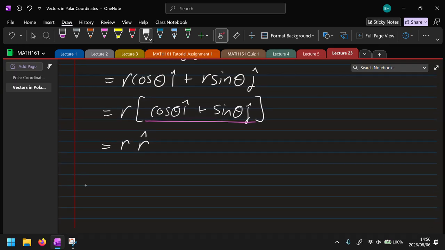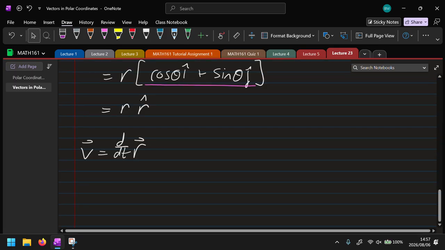Now let's look at the velocity vector. The velocity vector is the derivative of the position vector. So we know what the position vector is. Let's find its derivative.